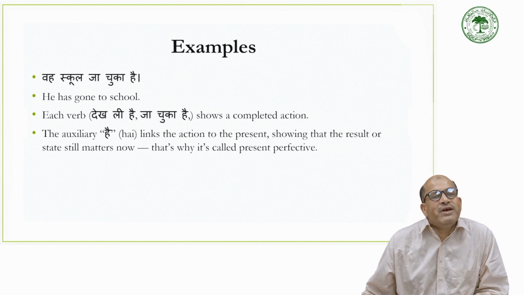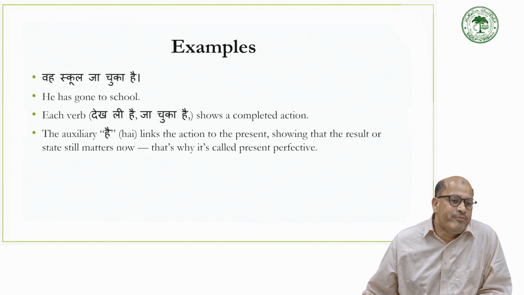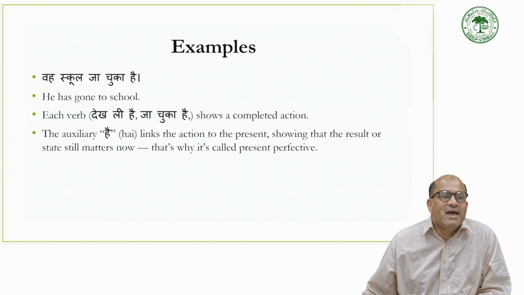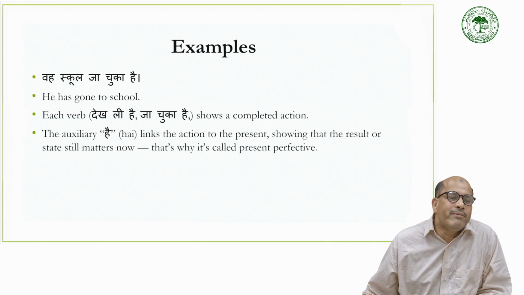So some action has already been completed. The auxiliary hai links the action to the present, showing the result or a state still matters now. That's why it is called present perfect. Like present time is important here in this context.